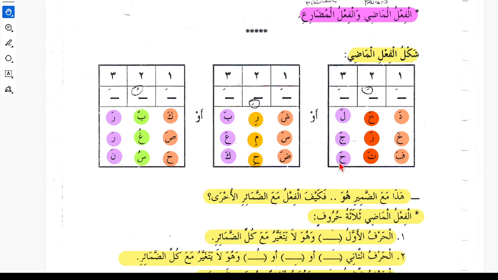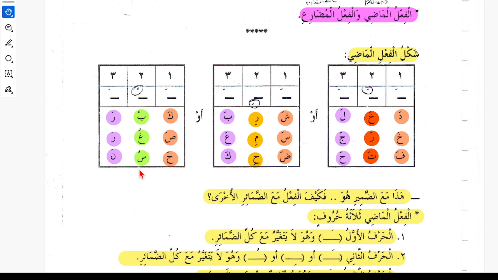So they start with the root letter with the fatha sign and end with the root letter with the fatha sign. The only thing is the middle letter changes. For example, in this block, all the verbs have the middle letter with the fatha sign, like dakhala, kharaja, fataha. In this block, the middle letter has a kasra sign, like shariba, samia, zahika.